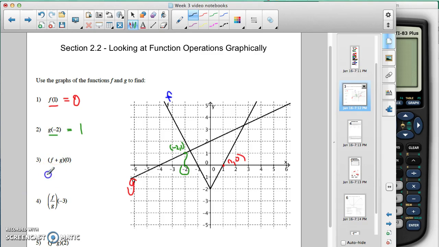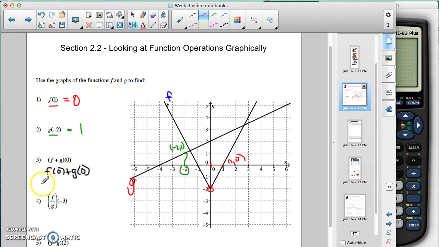Now the third question is asking you to do a composite of functions, or a composition of two functions. This is really f of 0 plus g of 0. It's written in kind of a shorthand notation there with them added together. So (f plus g) of 0 means that we're figuring out f of 0 and g of 0. So we're going to be looking at both curves and looking at the values where x is 0. If we look at the f curve, this is the value of f at that point.